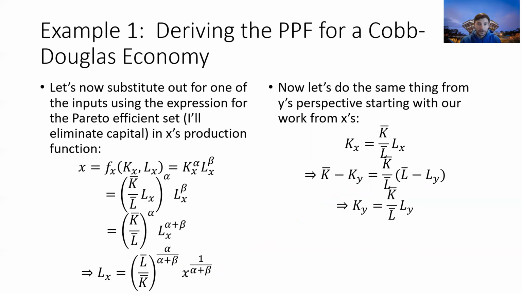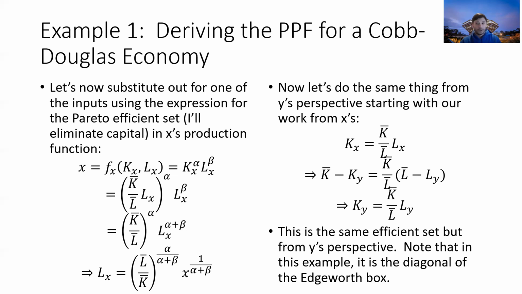This is both describing the diagonal of the box from the bottom left to the top right. Same efficient set. So if we wanted to think about deriving L sub Y as a function of how much Y is produced, we could do that here as well.